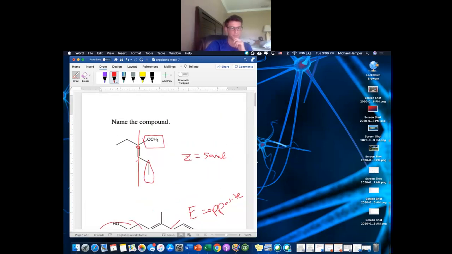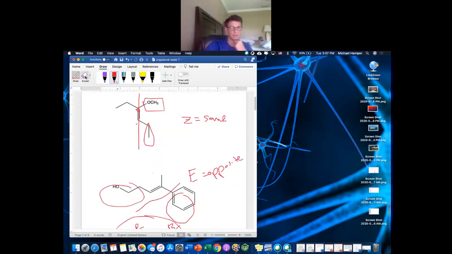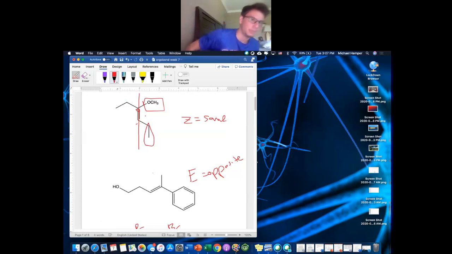So if we were to name this molecule here, of course, going back to our IUPAC rules, we want our substituents and our groups on the least numbered carbon possible.